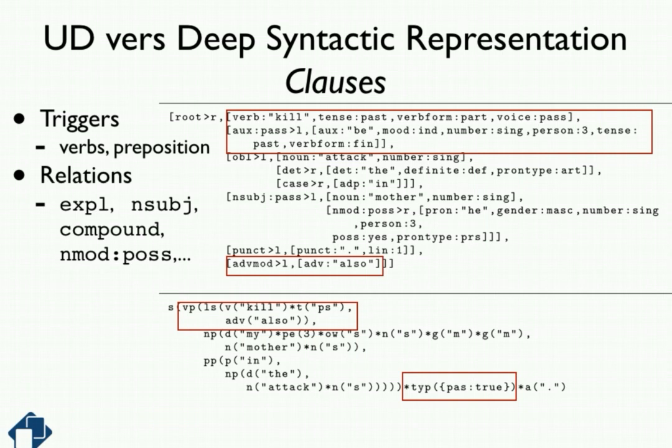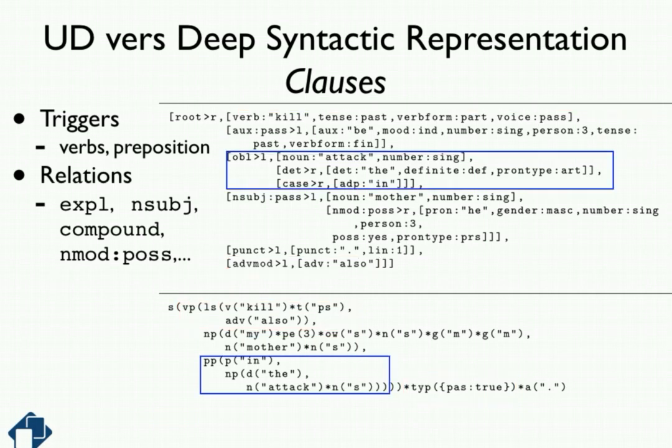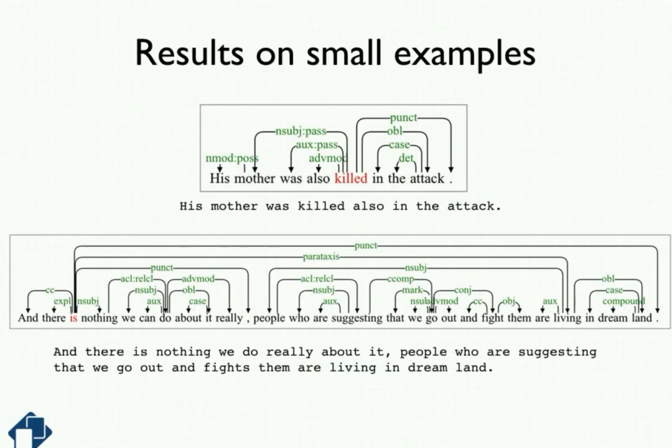And as it is indicated in passive here, we have an auxiliary passive. We just add the fact that it is passive. And you also have the same thing, for example, in the attack. So it would be an oblique.